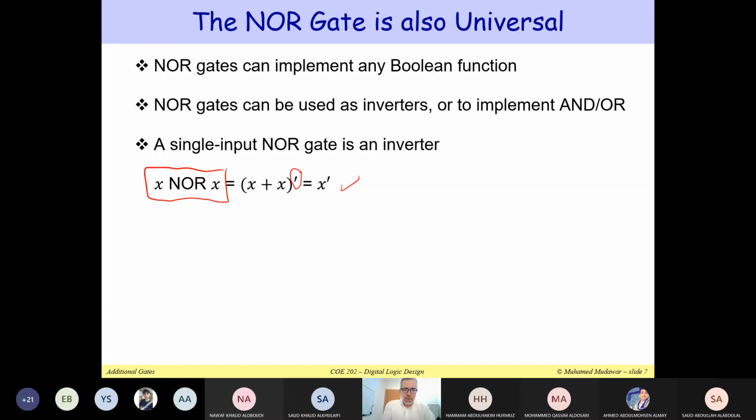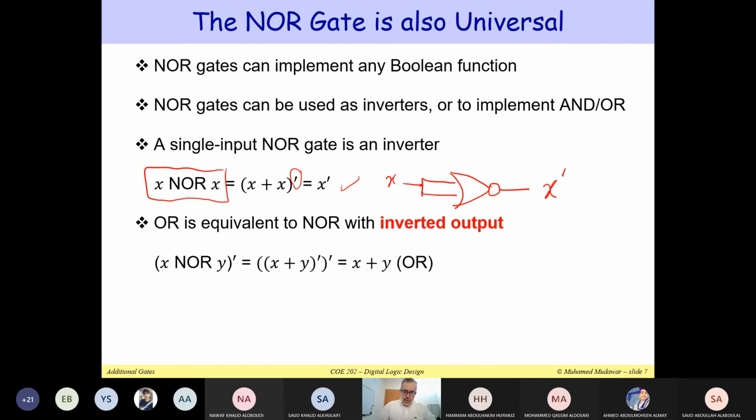If I draw a two-input NOR gate, and I connect both inputs together and use here my input X, we get the output here, which is X prime. So I can use a two-input NOR gate as an inverter because X NOR X will give me X prime.